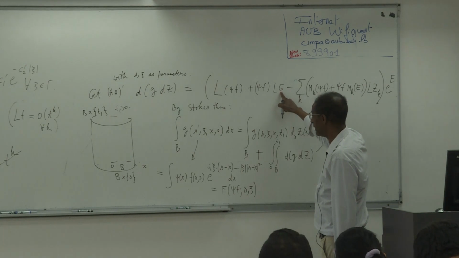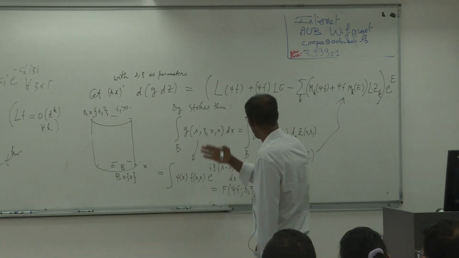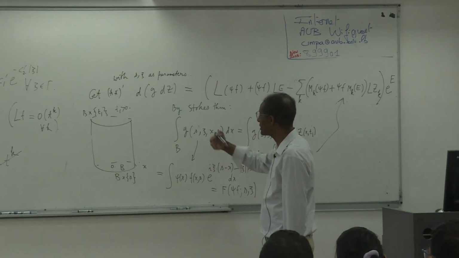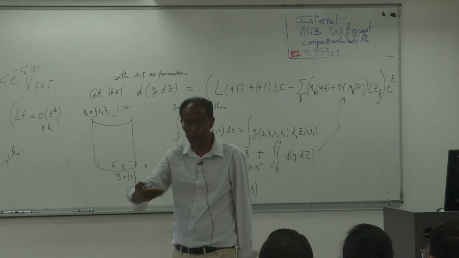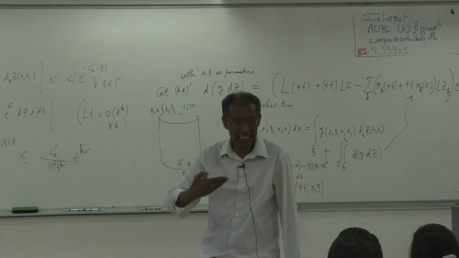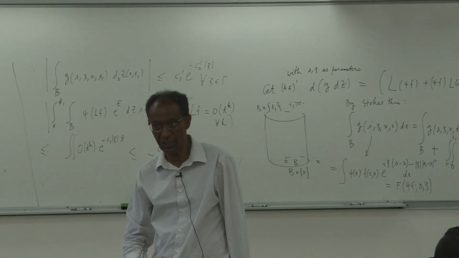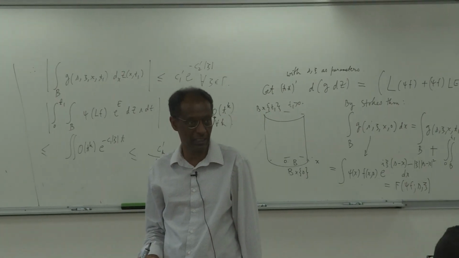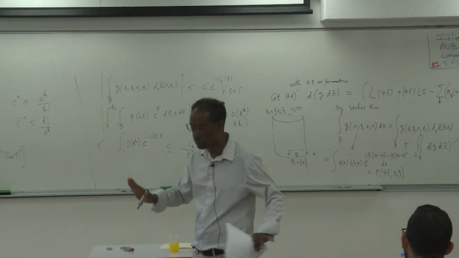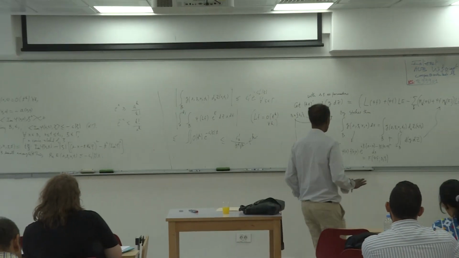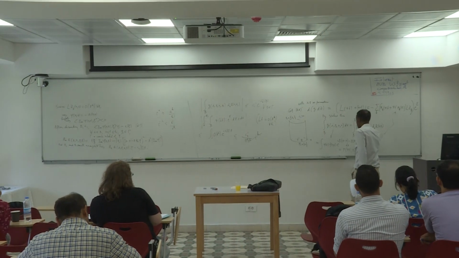LE, let's see, what is E? Well, E was written in terms of a quadratic polynomial in Z. The Z's are approximate solutions, so the quadratic polynomial is also an approximate solution, okay? So LE is also O of t to the k for all k, okay? So, therefore, I get a polynomial decay for this also.